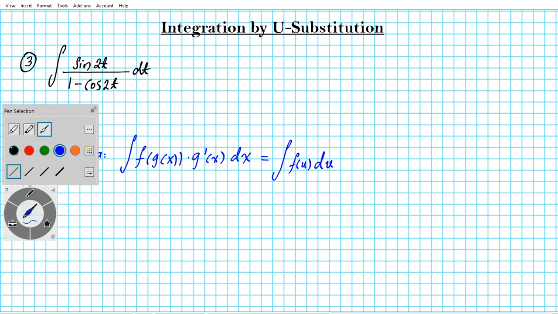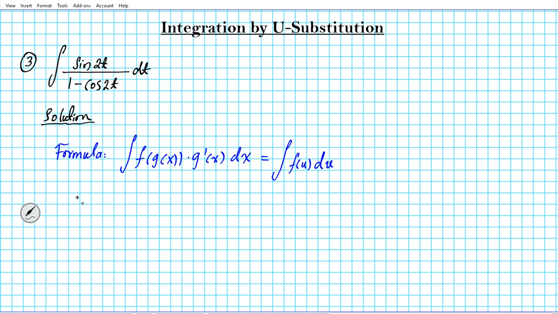First things first, we're going to start off with rewriting the problem in a way where it's easy for us to identify what the composite function is and the derivative of the inner function. We executed these exact steps in problems 1 and 2, and we're going to do it again here. Let's write the composite function first in harmony with the formula.